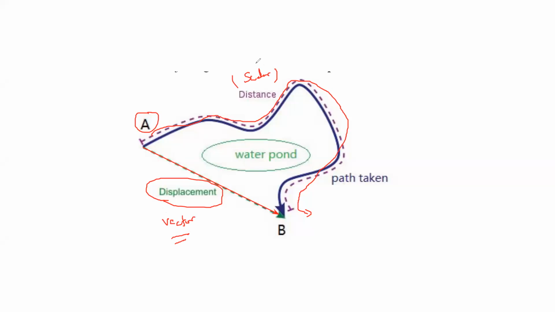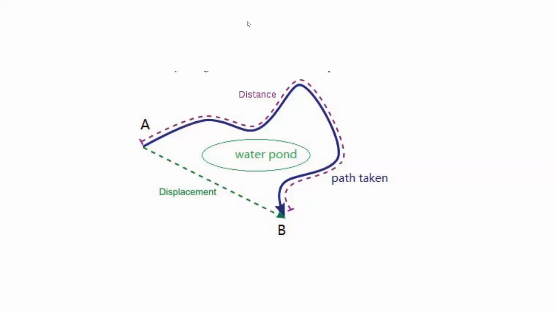But in some examples, distance and displacement are the same. When the object is moving in a straight line, the distance and displacement have the same value. For example, an object is at point A and it moved to point B, covering 3 meters.